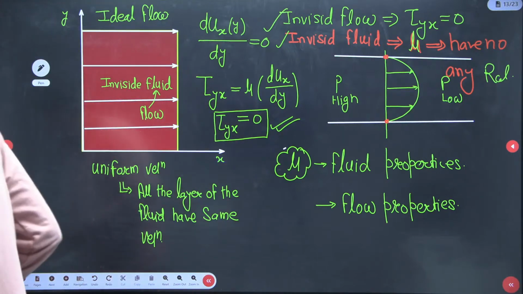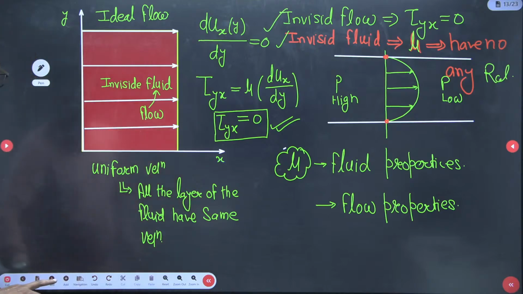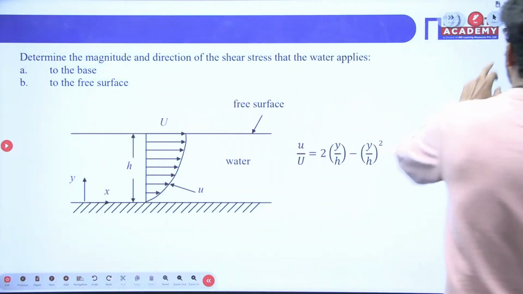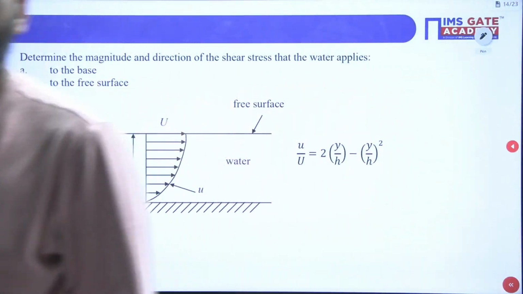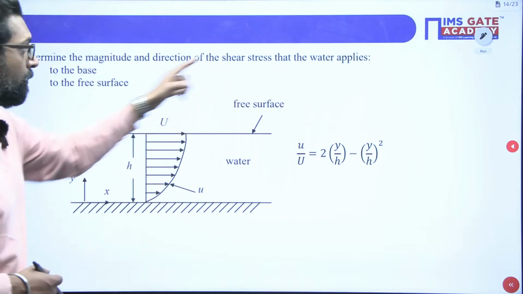Clear, my dear? Now we have to start this problem. This is a very important problem. It gives many consequences. Please see this question, beta. Determine the magnitude and the direction of the shear stress that water applies.